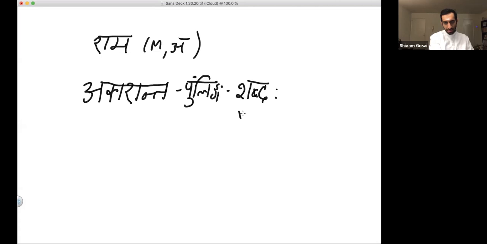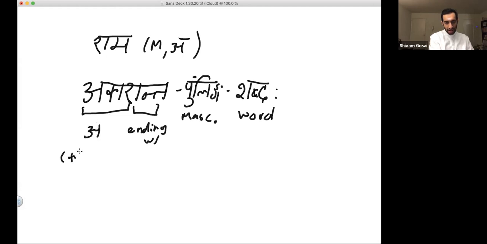It's a word which is Pullinga, masculine, and anta, ending with akara. We add kara just to show that letter by itself. So if it ends with na, we'll say it's nakara, nakaranta, etc. So we saw that we have to look at the gender and also at what it's ending with. This is one example.